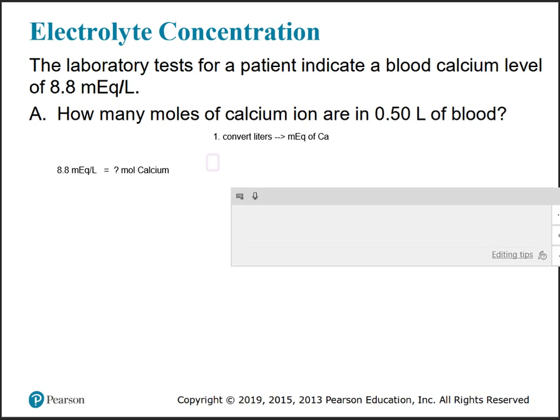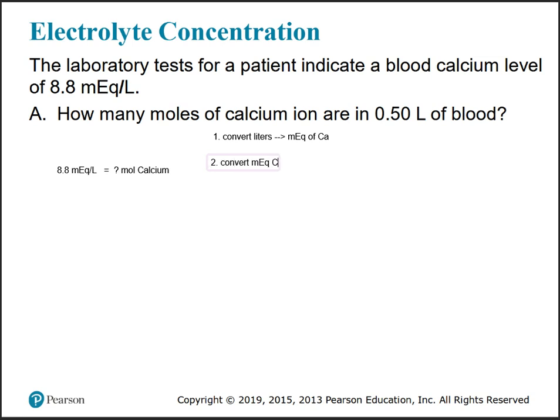The second part of this problem, we're going to have to take the milliequivalents of calcium. Let me start off by writing number 2. Convert the milliequivalent of calcium to equivalents of calcium, because we can't go directly from milliequivalents to mole.